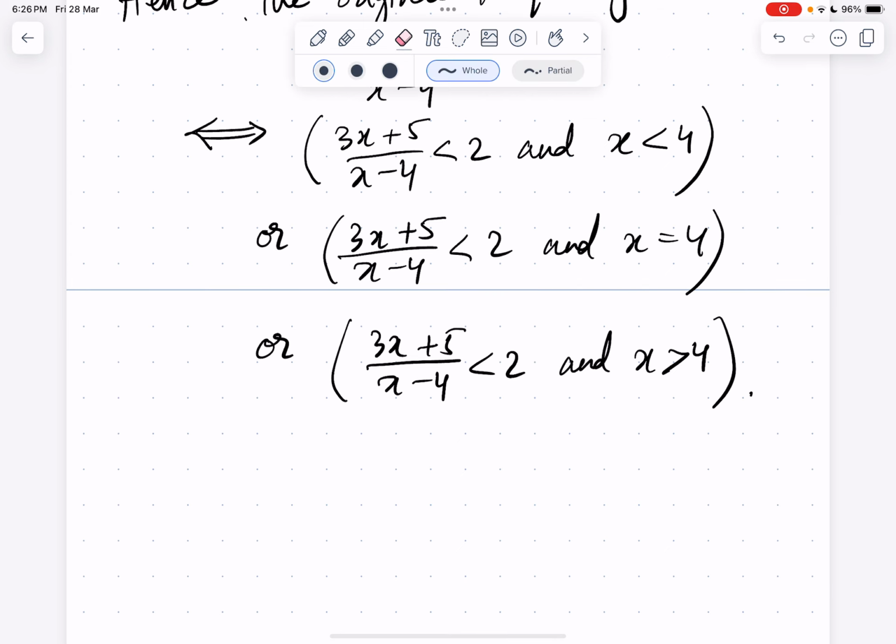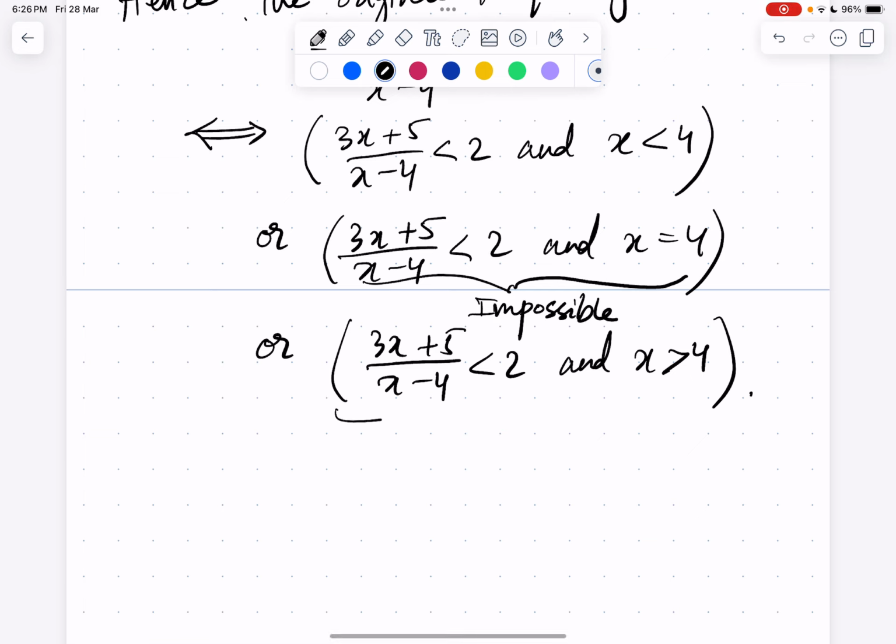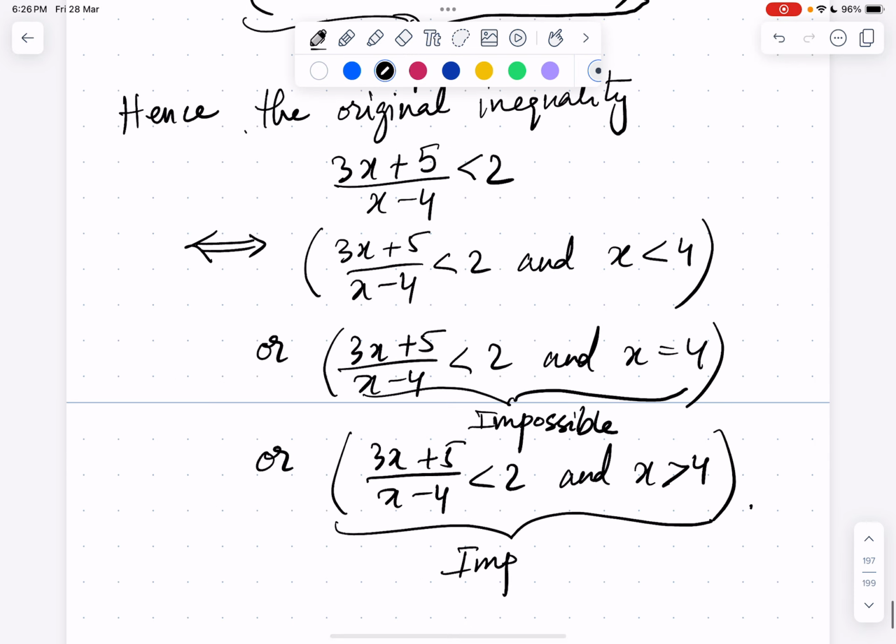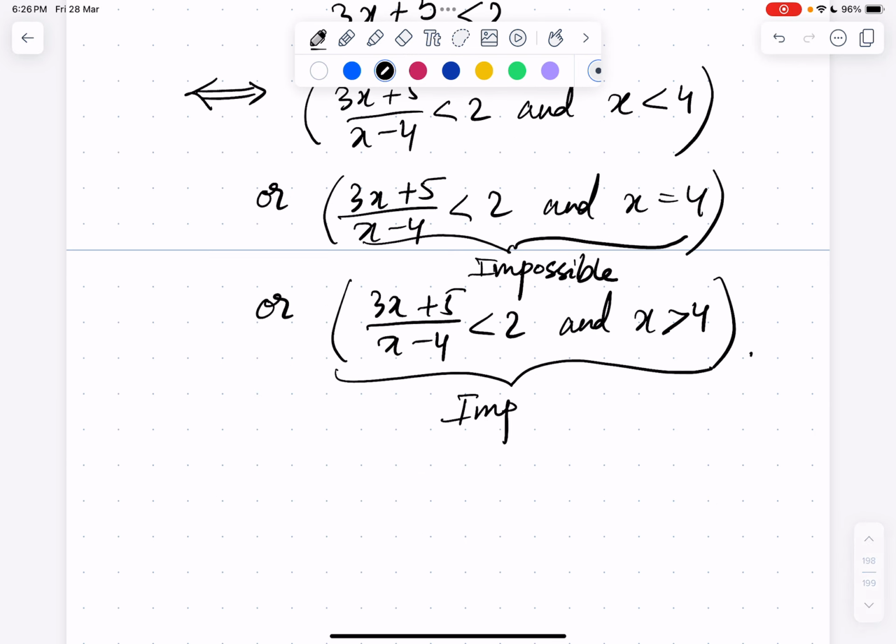So this is impossible and even this is impossible. We saw that x equals 4 is impossible because the first constraint has x minus 4 in the denominator. So this is impossible, and x greater than 4 we saw it is impossible.